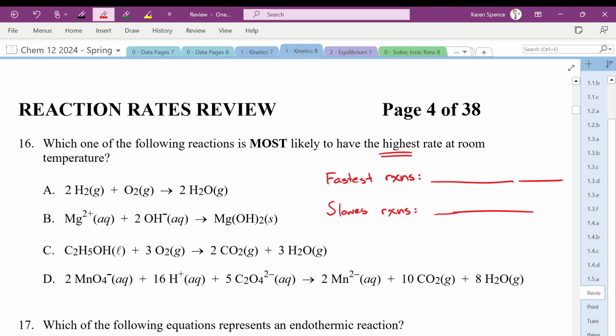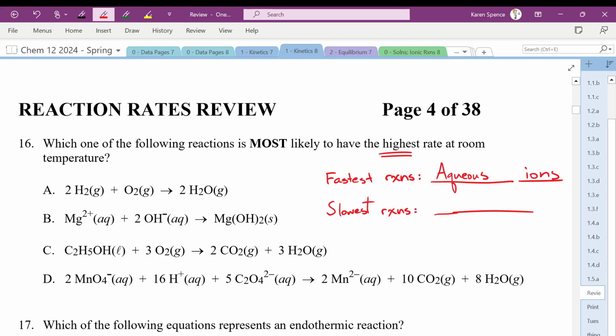So our fastest reactions are those that involve what? Aqueous ions. And in fact, you could just say ions because you're not going to have any ions that aren't aqueous.